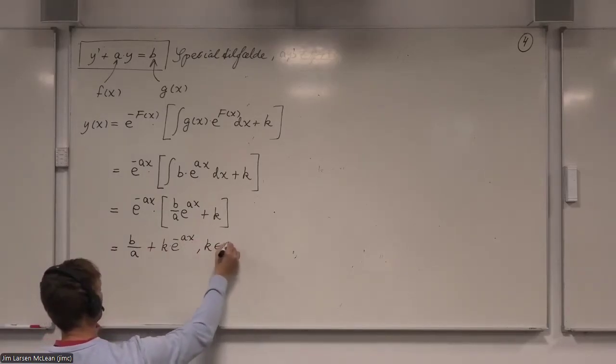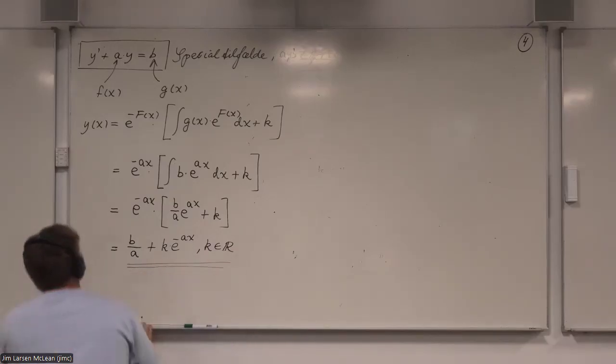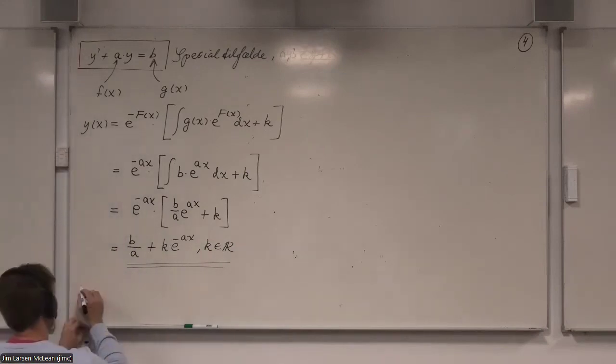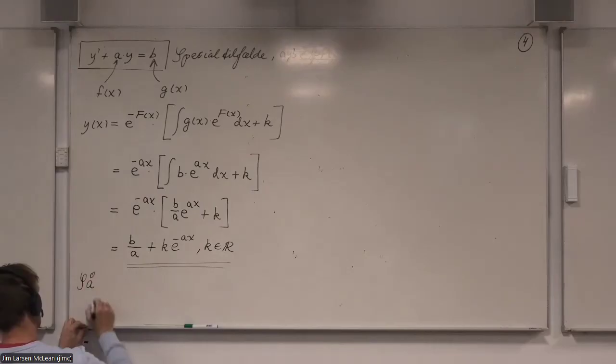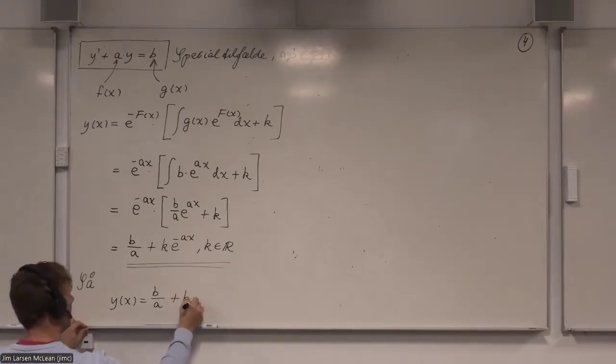And k is some arbitrary real number. So this is the solution to that differential equation. So we can sum up the conclusion: y is therefore equal to b over a plus k e to the power of minus ax.